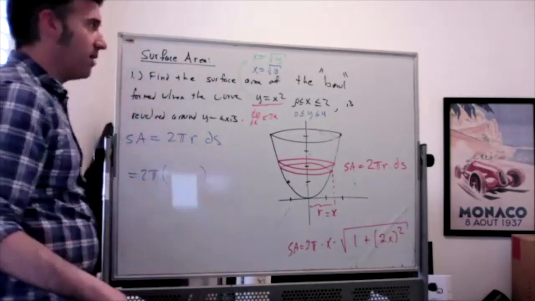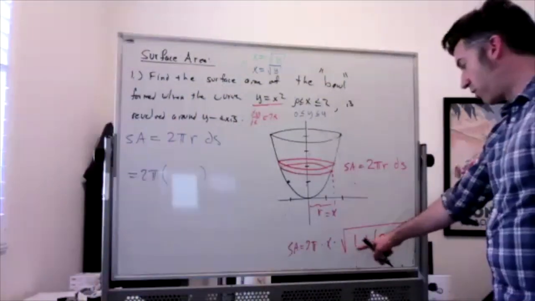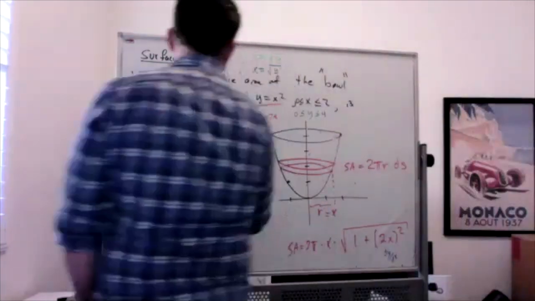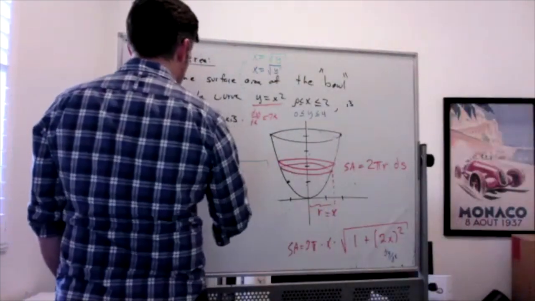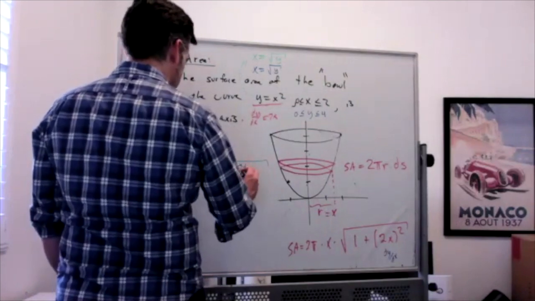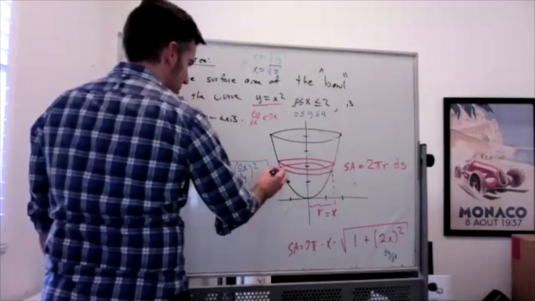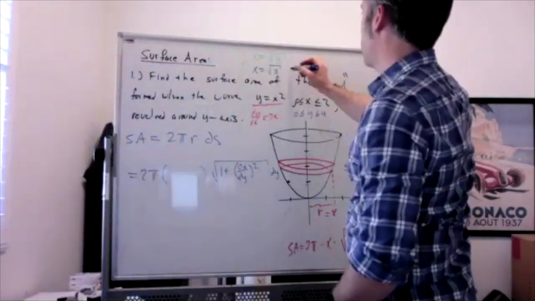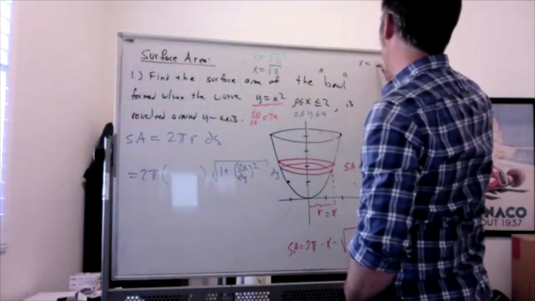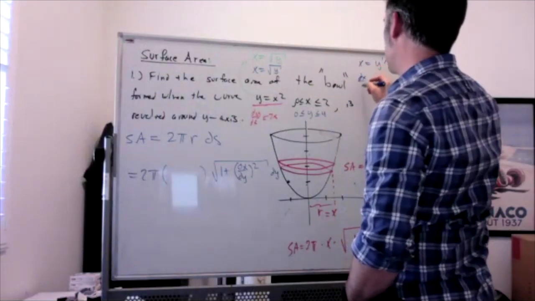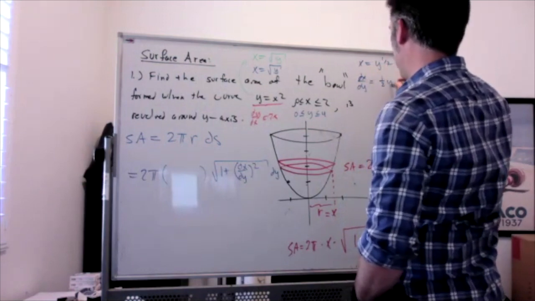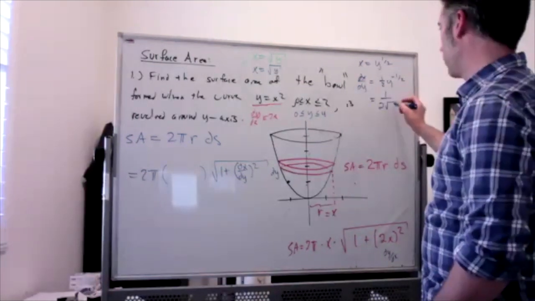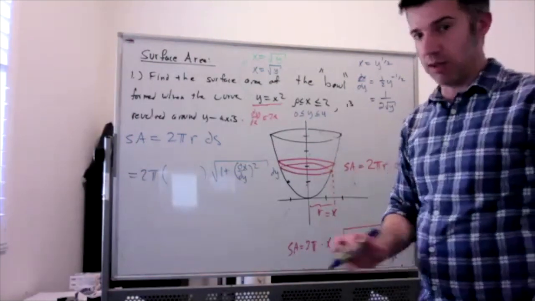The ds, instead of being the square root of 1 plus dy dx squared like it was before, is now going to be the square root of 1 plus dx dy squared, because we're doing things in terms of y. So if x is the square root of y, which is y to the 1/2, dx dy is just 1/2 y to the negative 1/2, or I usually prefer to write it as 1 over 2 times the square root of y. Any questions about that?